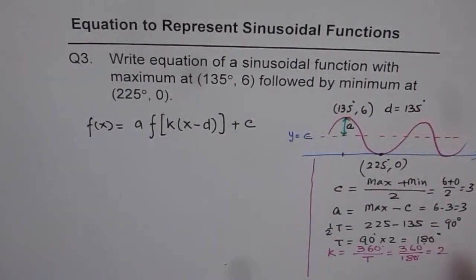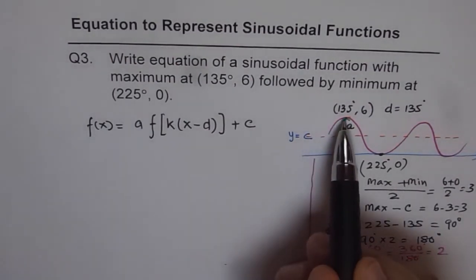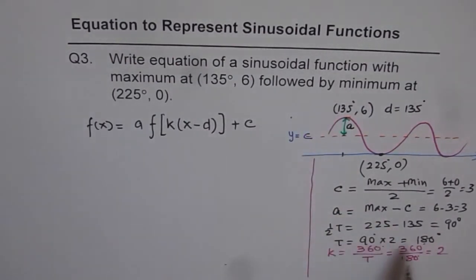Since this is the first maximum, a maximum which comes before this will be minus 180, because the time period is 180. So 135 minus 180 is going to give us a negative value. So after 0, that is the first maximum.